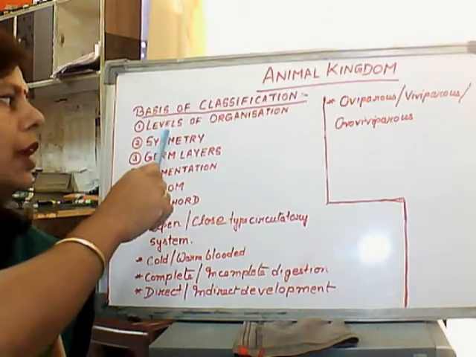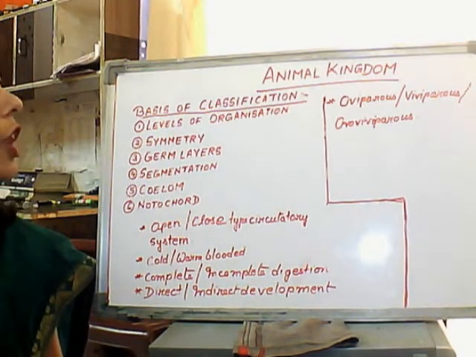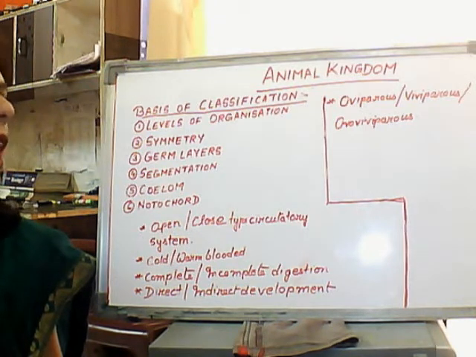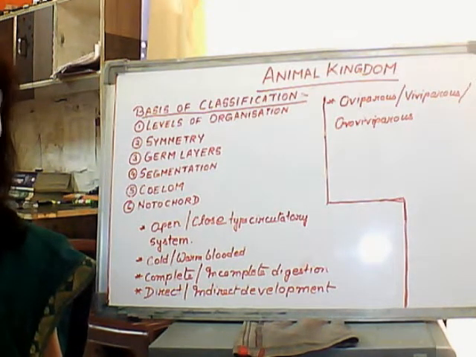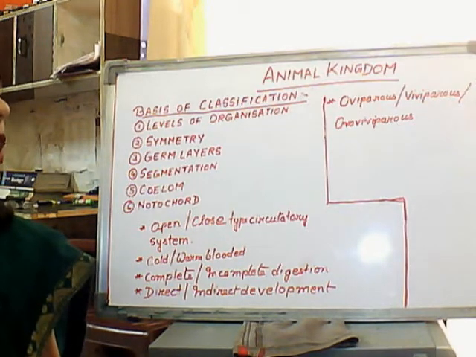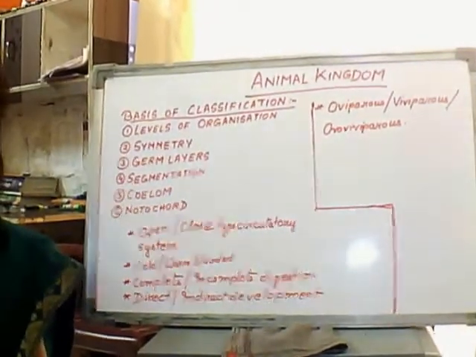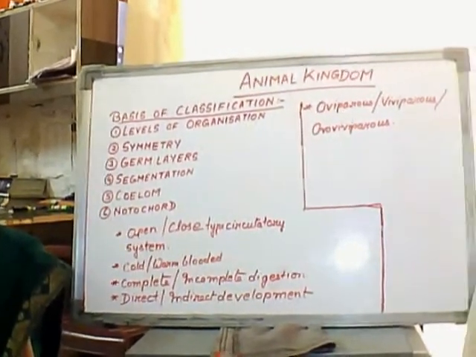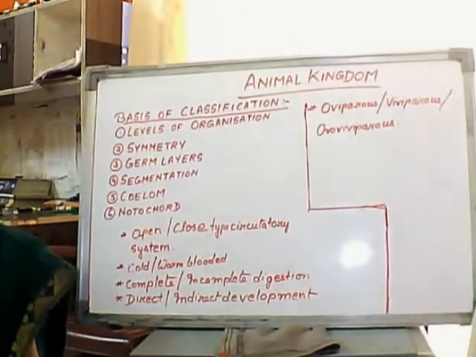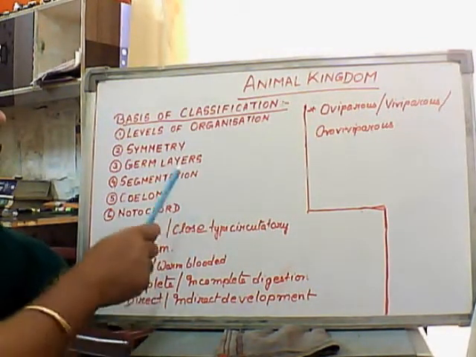The first one is the cellular level of organization. In the cellular level of organization, they have only cells which perform their work. Then next you have the organ level of organization. Now organ level means what? Various cells were first divided into certain tissues, and then those tissues organized together to form an organ, and accordingly they perform their function.